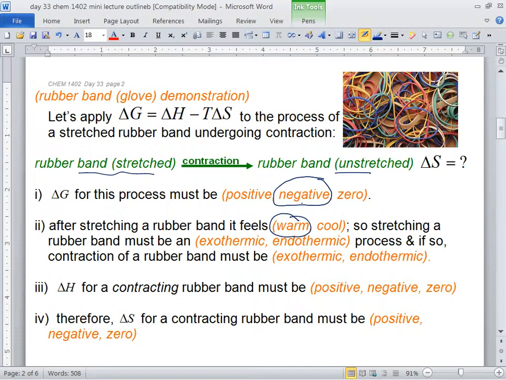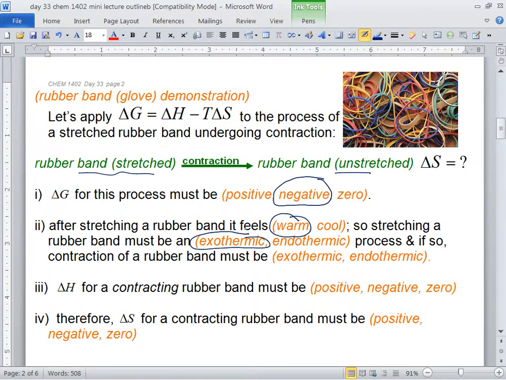So stretching a rubber band must be, where's all my sheets here? Mix them up a little bit. Kenneth, stretching a rubber band then must be a what process? It feels warm. Exothermic. Stretching a rubber band must be an exothermic process.